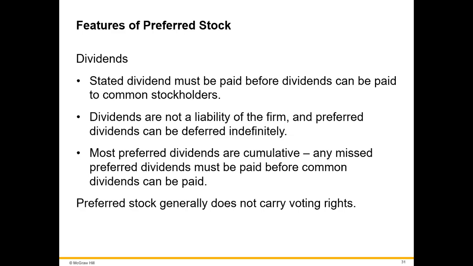Well, if your stock is cumulative and they declare a dividend this year, you will get last year's that you missed and then this year's before common stockholders even get any of their dividend. So common stockholders, we say, usually get the leftovers because preferred stockholders have a preference to dividends. They get theirs first. And that's the major difference along with those voting rights. But preferred stock generally have those same other characteristics as well.